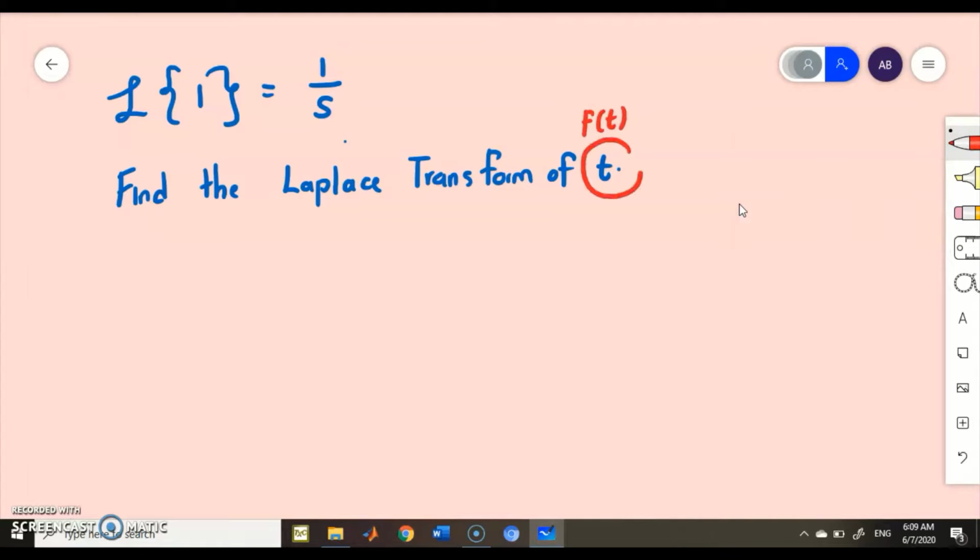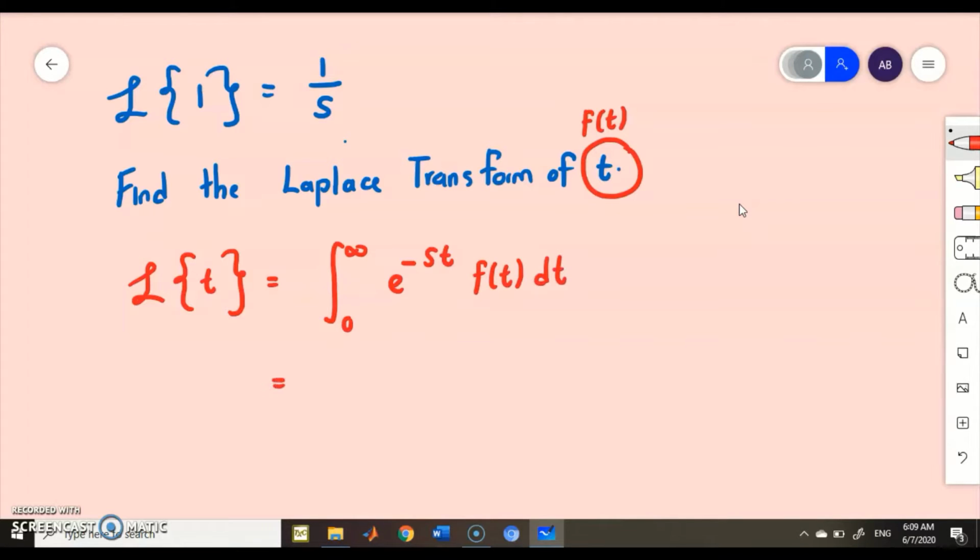By the Laplace definition, the Laplace transform of t is the integral from 0 to infinity of e to the negative st, f(t) dt. Since f(t) is t, I'm going to change it to e to the negative st times t dt.